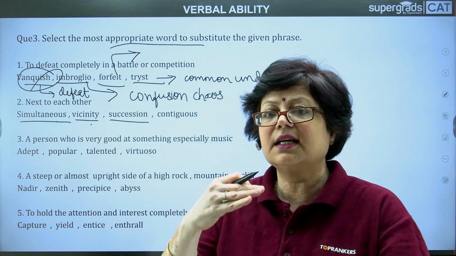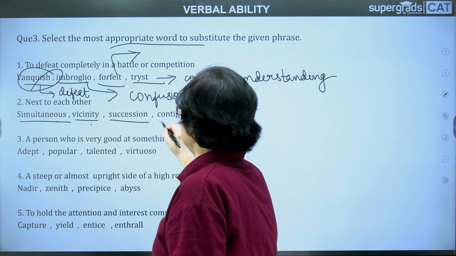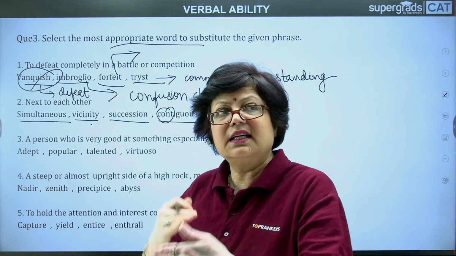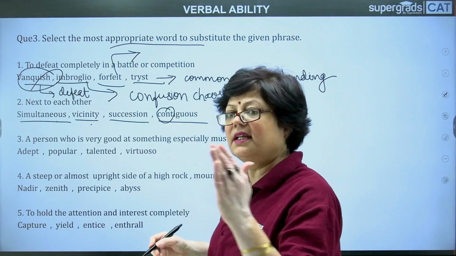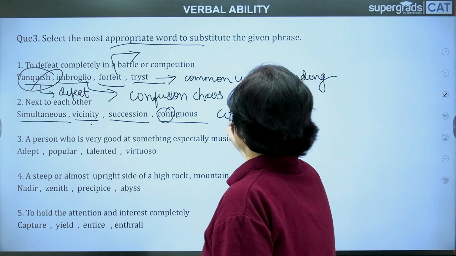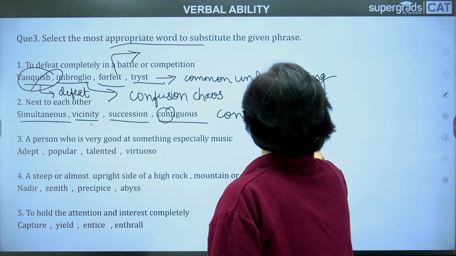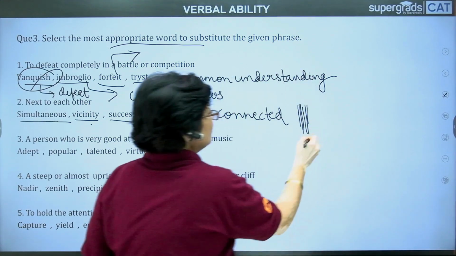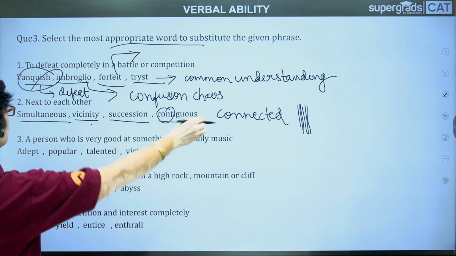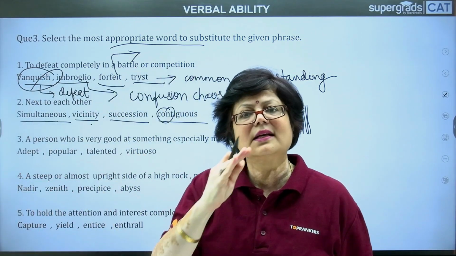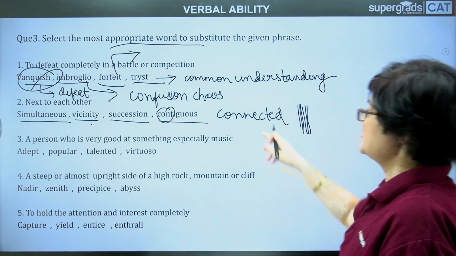Okay, what is contiguous? Contiguous means going in a connected manner, one after the other, connected. Contiguous is connected, like this. They are all going together. So the correct option is contiguous, next to each other. They are all connected. Okay, this is the correct option.